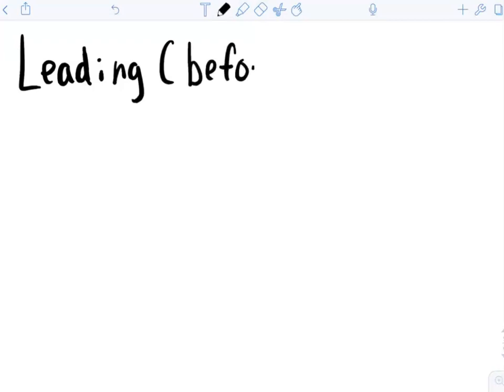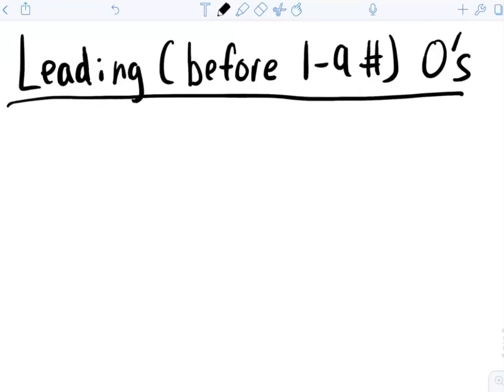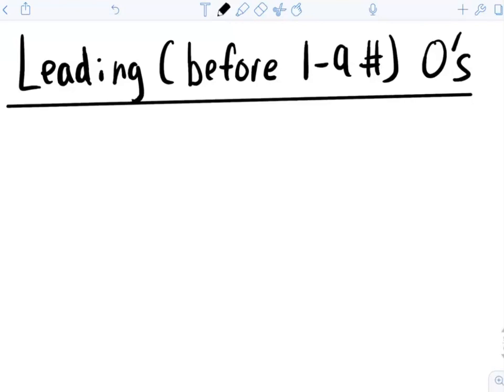Right? And then our next category is leading. And if something is leading, that means that it's going to come before a 1 through 9 number. So leading zeros. And if you notice, most of our categories have to do with zeros and where these zeros come in relation to our 1 through 9 numbers.